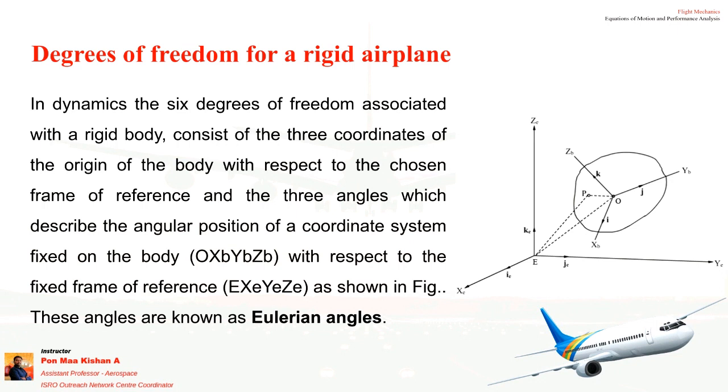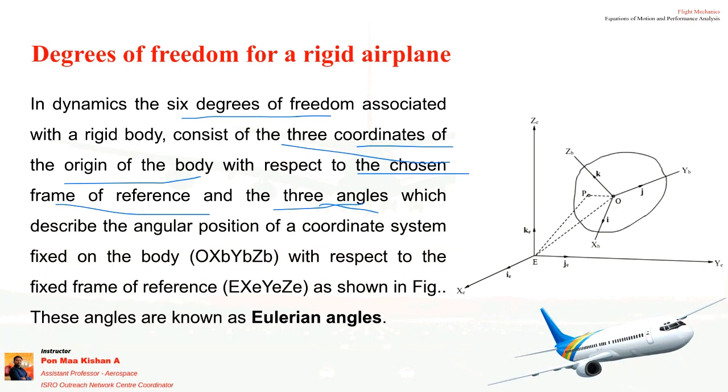In dynamics, the 6 degrees of freedom associated with a rigid body are also applicable to the aircraft. It consists of 3 coordinates of the origin of the body with respect to the chosen frame of reference and 3 angles. So what are those angles?